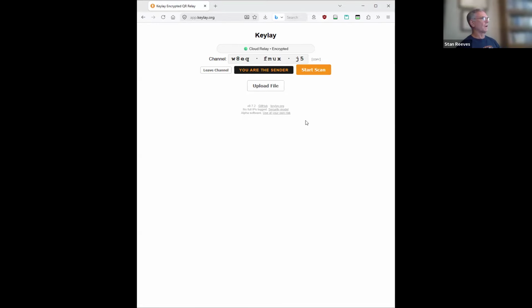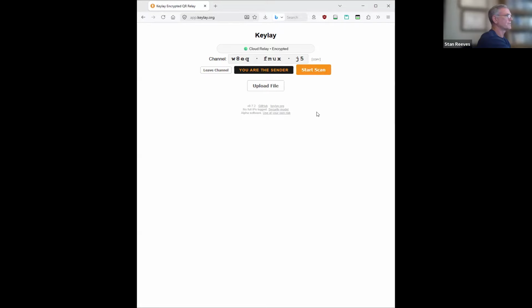Okay, so I'm going to claim the sender role on the other laptop so that I can scan a code. And what I've done is I've just pulled up a Bitcoin receive address. Let me go back the other way so you can see what's going on. On the other side, once in the sender role, I'm going to click Start Scan, and then I'll be able to scan a QR code.